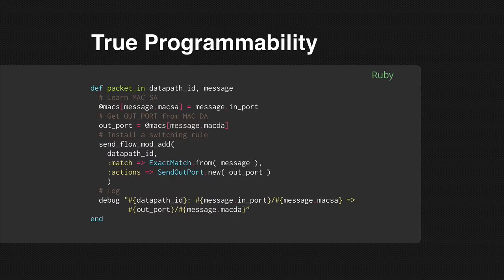Finally, there is a send_flow_mod_add function that is basically an install the rule command to match everything that is the same as the first frame in this flow and to act by sending everything that is matched out of the out port. Very simple, but it shows you the power that is given us by this kind of paradigm.